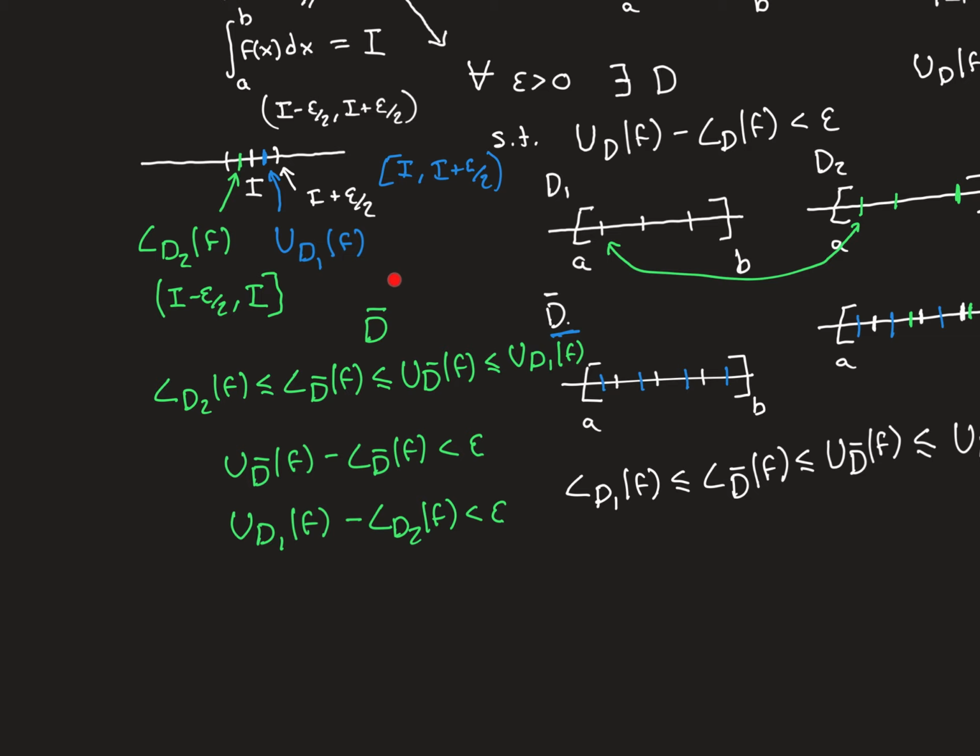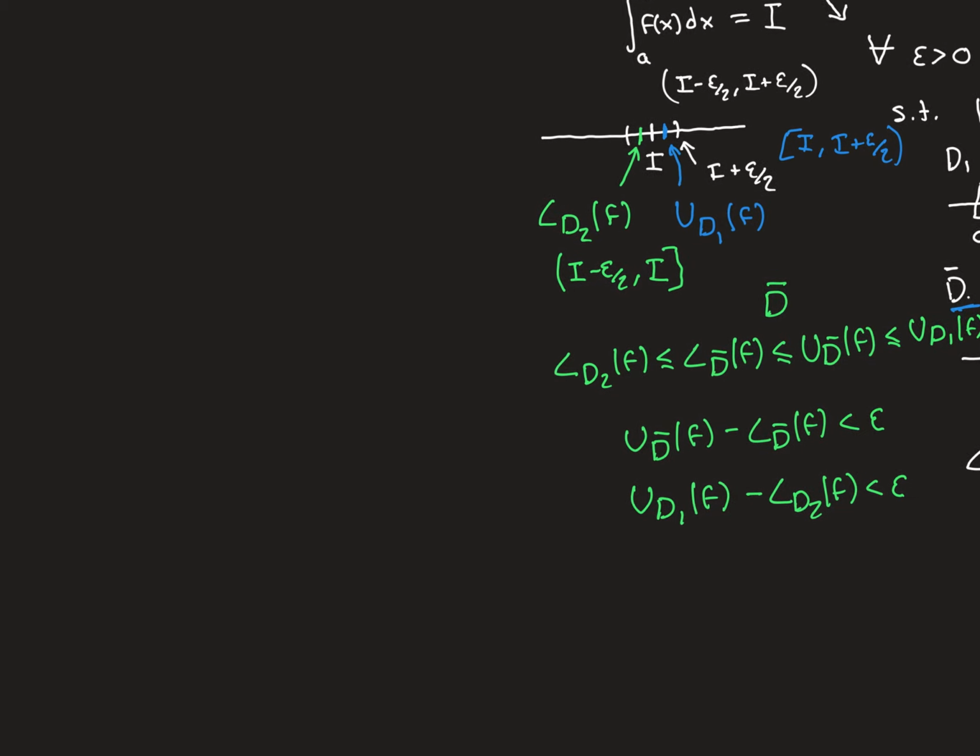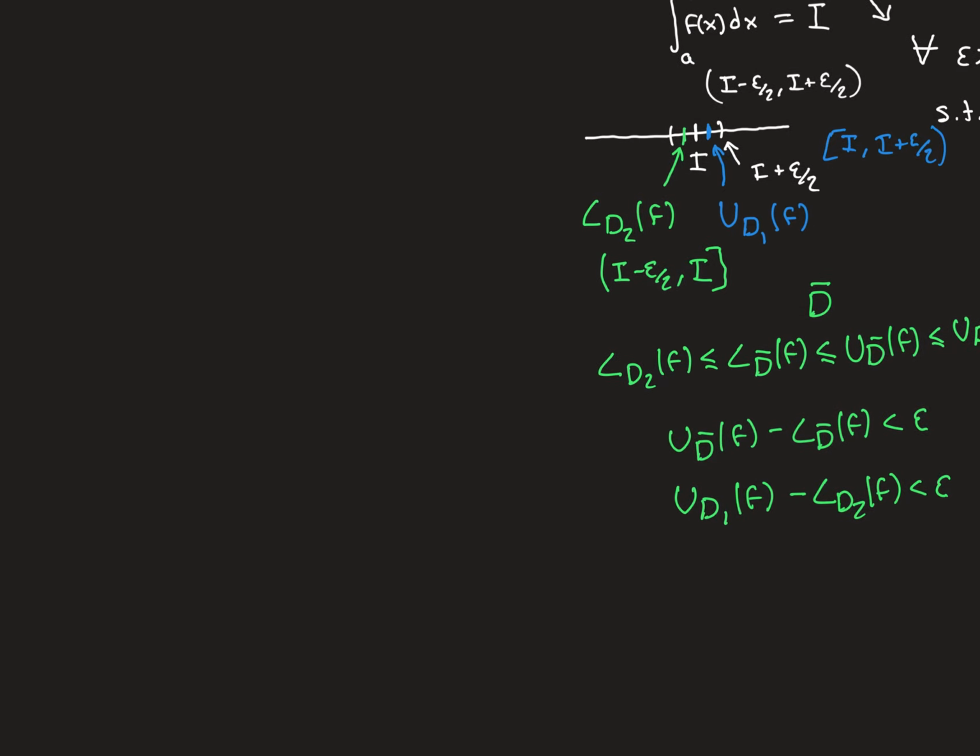So hopefully you've understood this argument, but I am just going to quickly go through some of the inequality arguments in a little bit more detail. So firstly, let's just talk about where we got this inequality from. So what we know is that the upper Riemann sum over the dissection D1 of F minus I is going to be less than epsilon over 2.